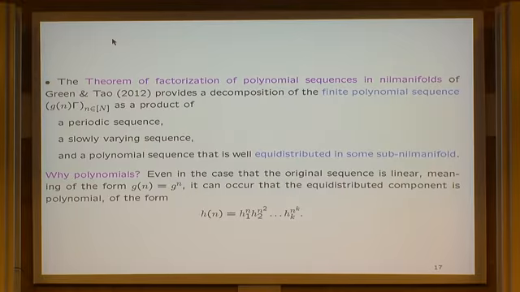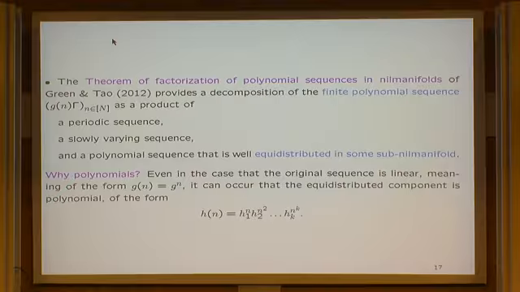So we use now another theorem of Green-Tao, which is a theorem of decomposition of finite sequences defined on nilmanifolds. Polynomial I explain later because I need polynomials. But for the moment, your sequence can be decomposed as a product of a periodic sequence, a sequence with a few variations, and a polynomial sequence that is well equidistributed.